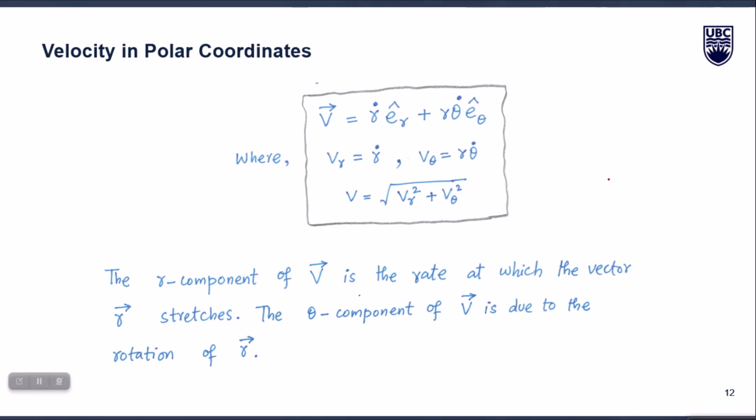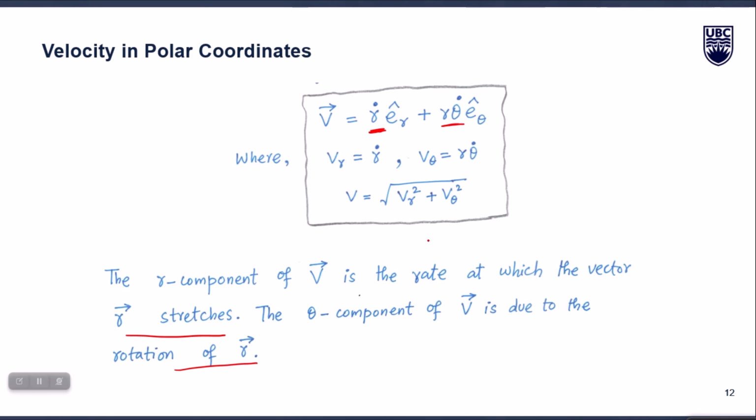The r component of velocity is this thing. It is the rate at which the vector r stretches, r dot, right? And the theta component of velocity is due to the rotation of the r vector. So it is a function of theta dot, of how fast or how slow theta is varying, the rate of change of theta with respect to time, right?